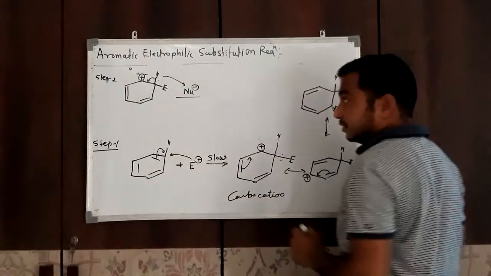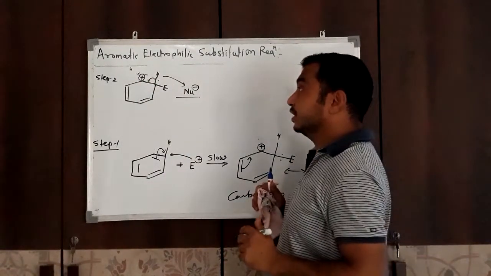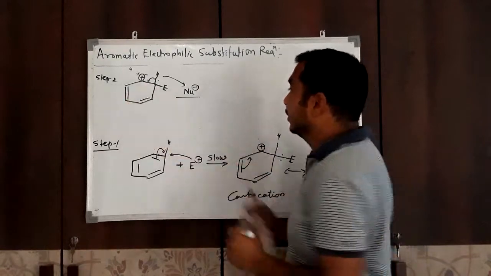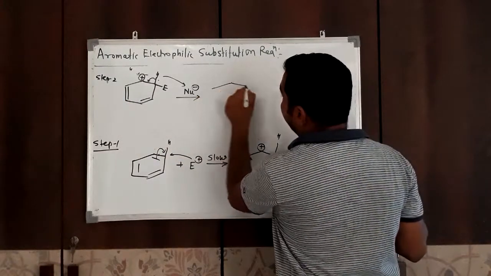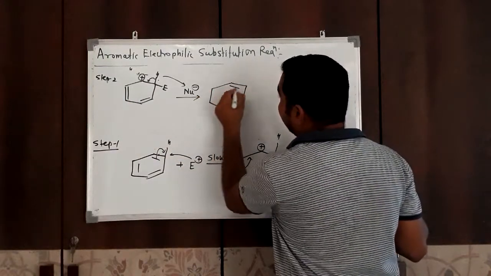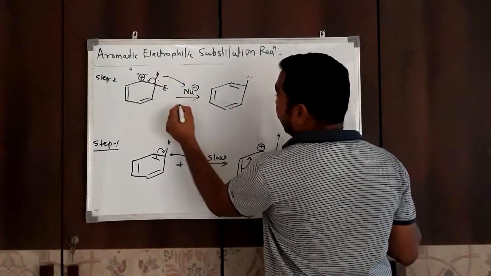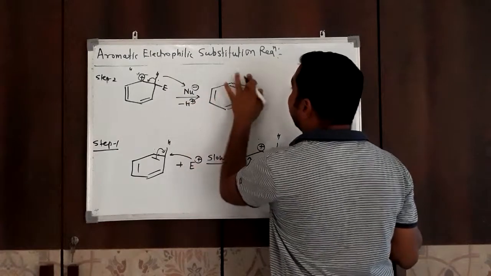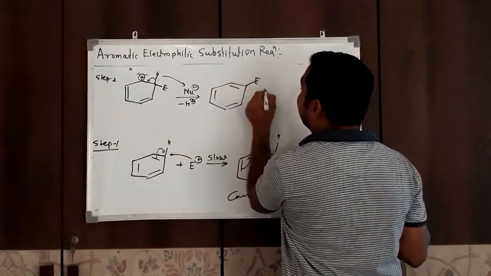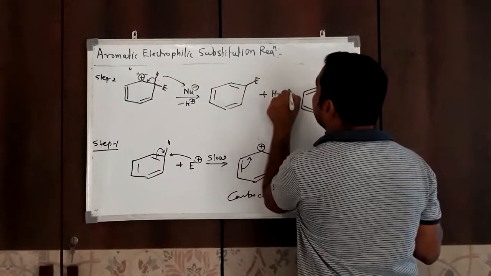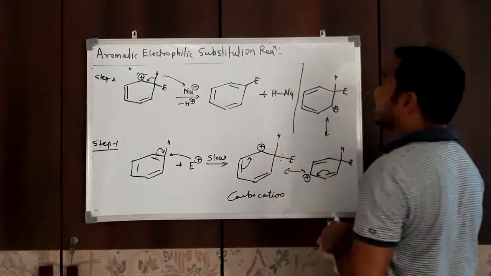There is abstraction of H plus from the ring, and it regains aromatic character. There is a loss of H plus, and E gets attached. Now H and Nu minus combine together to give this type of product.